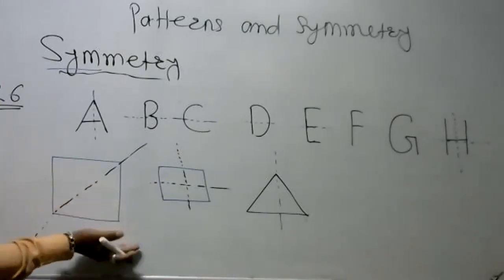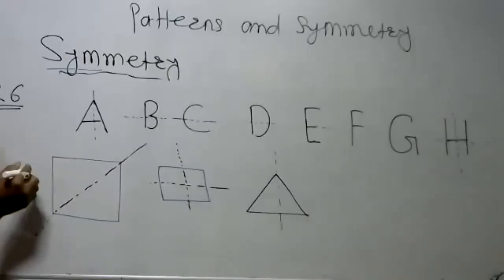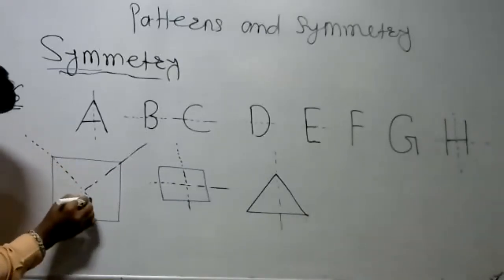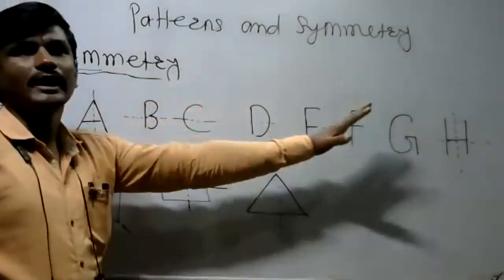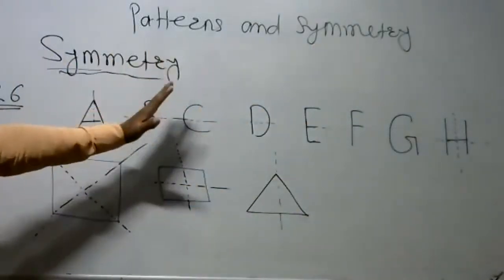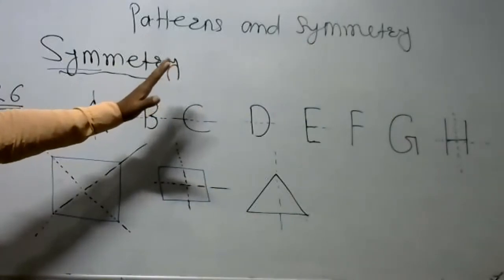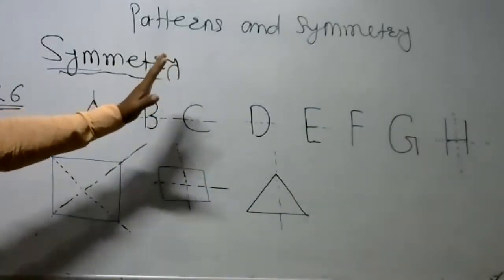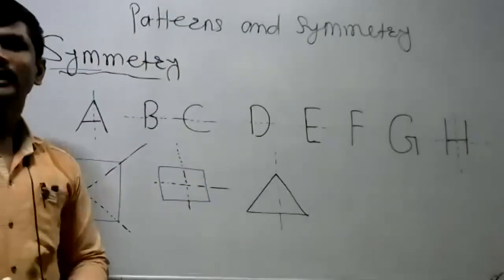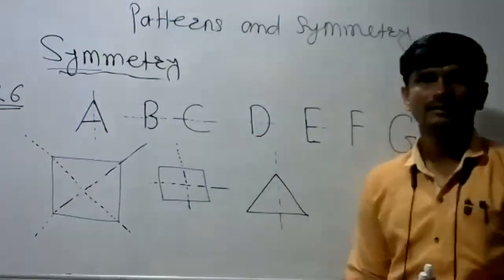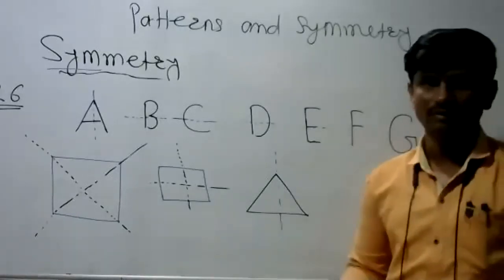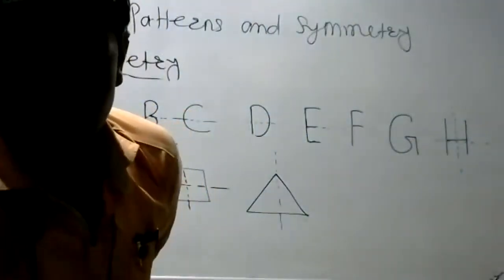Yes, half part will be here, half part will be this side. Also, I can draw this side also. Yes, I hope you understood all these things regarding symmetry lines or line of symmetry. Like this, you can draw any symmetric line. Understood about this, everyone? I hope you got all the concepts.